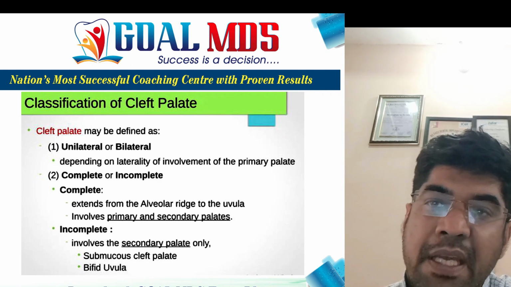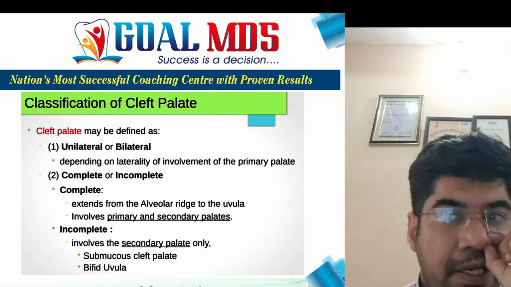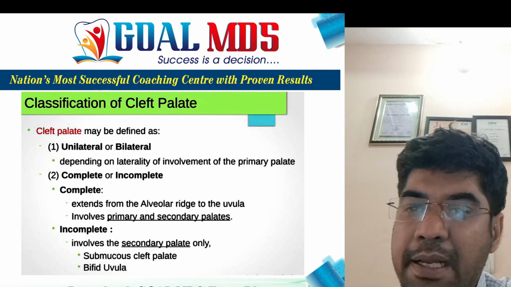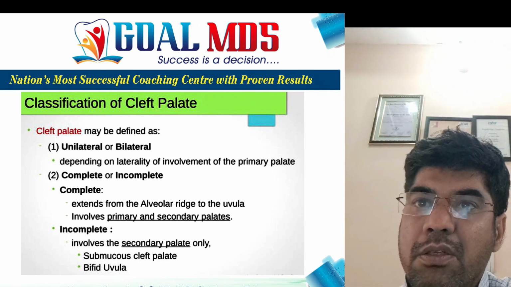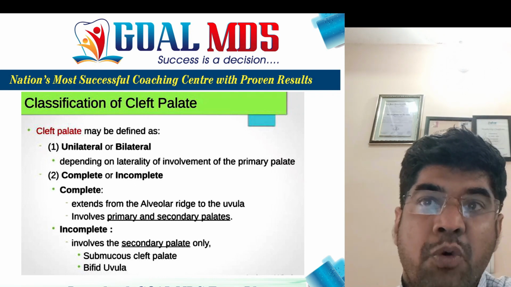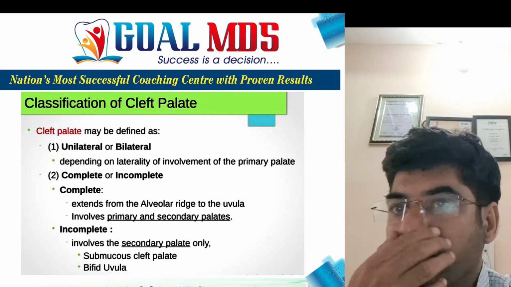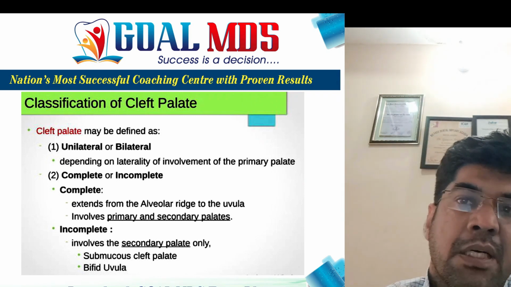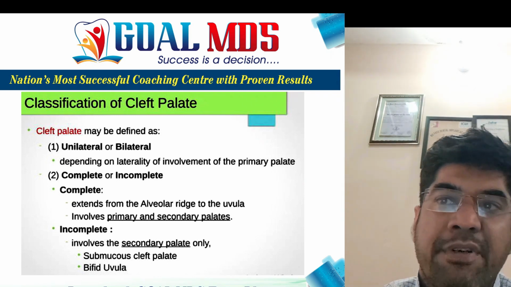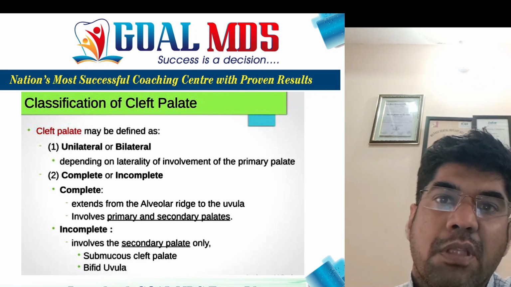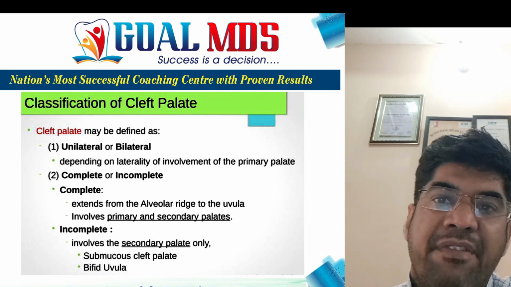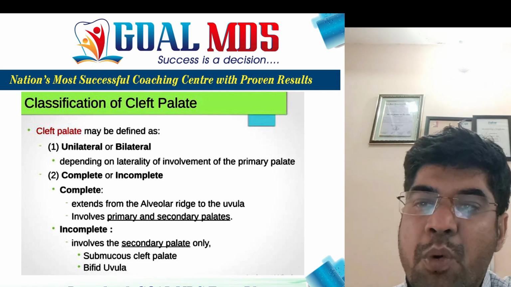Examples of incomplete are the bifid uvula or submucosal cleft palate. So it is a condition in which the roof of the palate does not form properly. This cleft is opening beneath the mucous membrane, the tissue that covers the palate. So typically this type of cleft is seen when the baby is born.